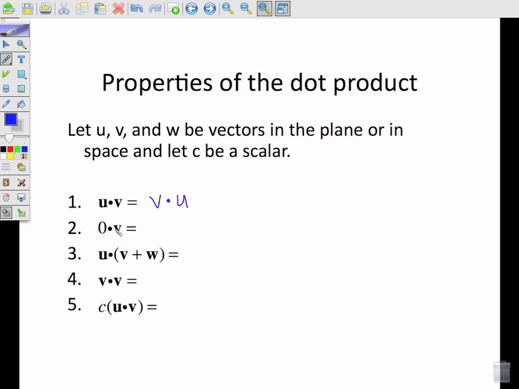If you take the dot product of the zero vector with another vector, the result is 0. Then there's something similar to the distributive property: u dot v plus u dot w.